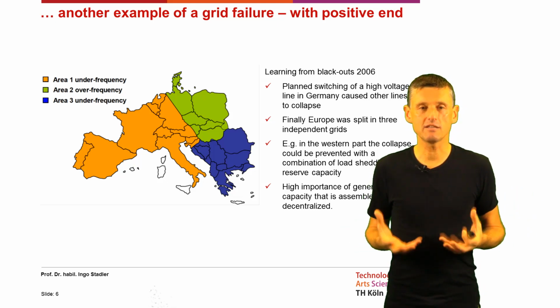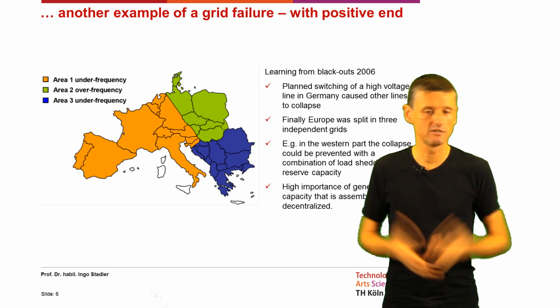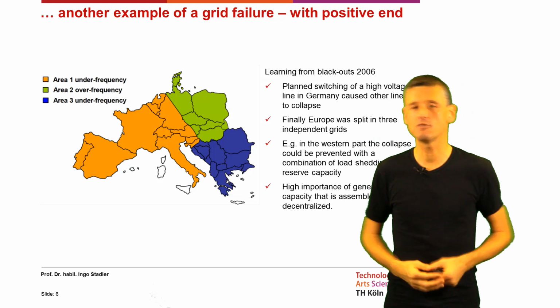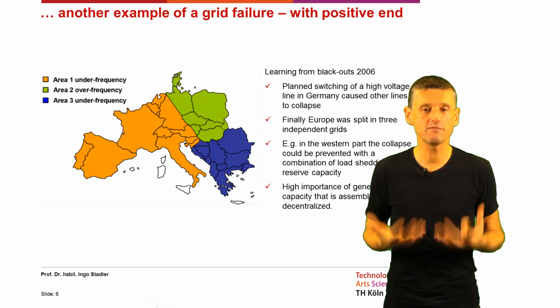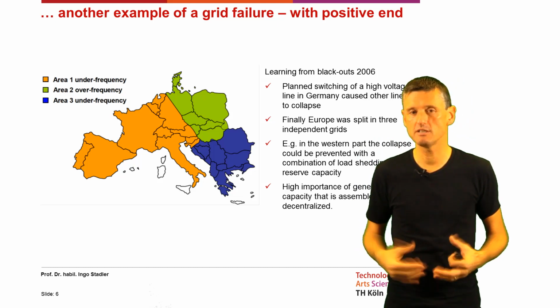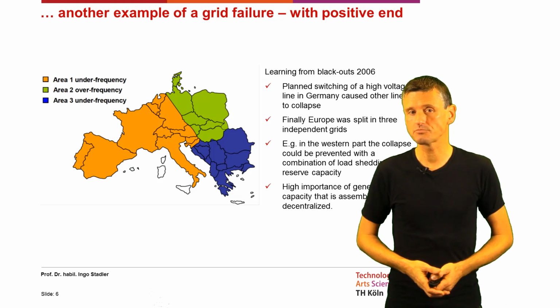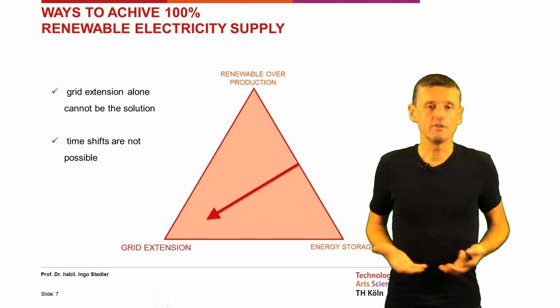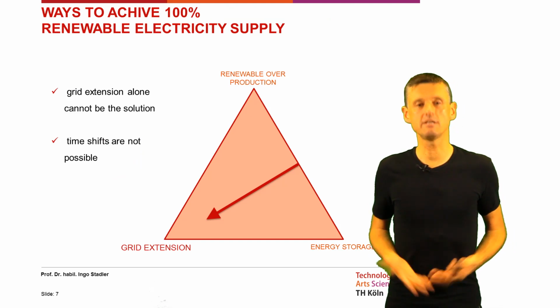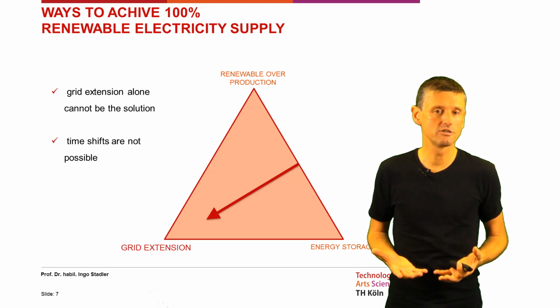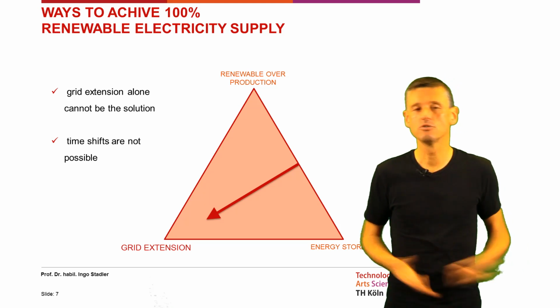Because in every part, in the western, in the eastern and in the southeastern part, there was enough generation capacity, enough storage capacity, we could prevent blackout. And therefore, when looking at our last pillar, the grid extension, the red arc is not going to the end.